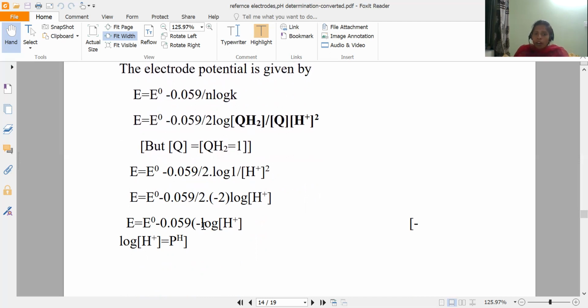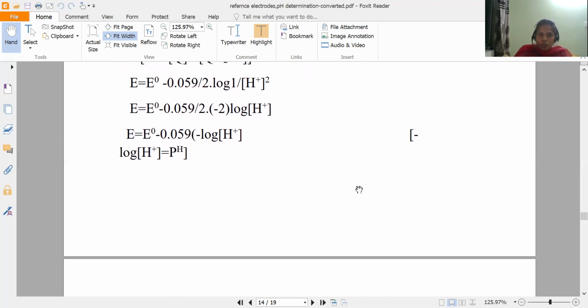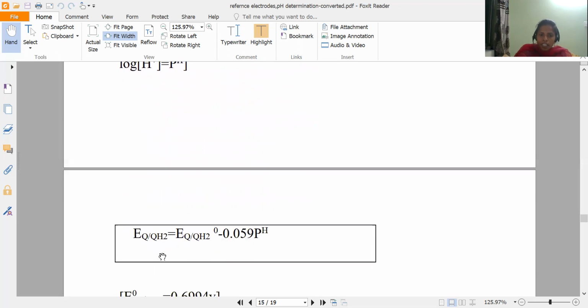But we know minus log of H plus is the power of hydrogen, that is pH. So in the place of minus log of H plus, we can write pH. So finally, we will get E is equal to E naught minus 0.059 pH.